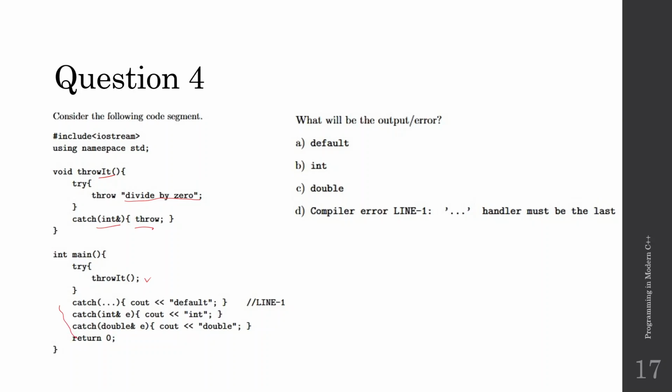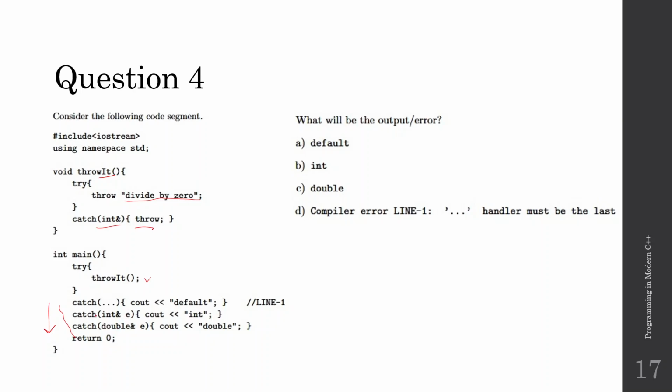Then we have multiple catch handlers. Now note here that the catch handlers are matched in the order of appearance, so they will be matched in a top down fashion. Now here logically there is an error because the catch-all block is placed at the top, so this will catch all the exception types, so the second and the third catch blocks won't be executed, they will never be matched.